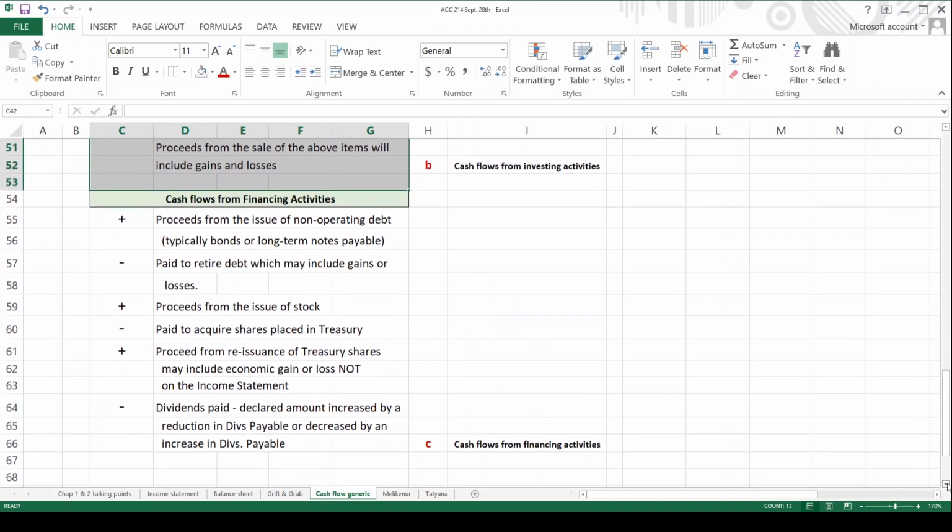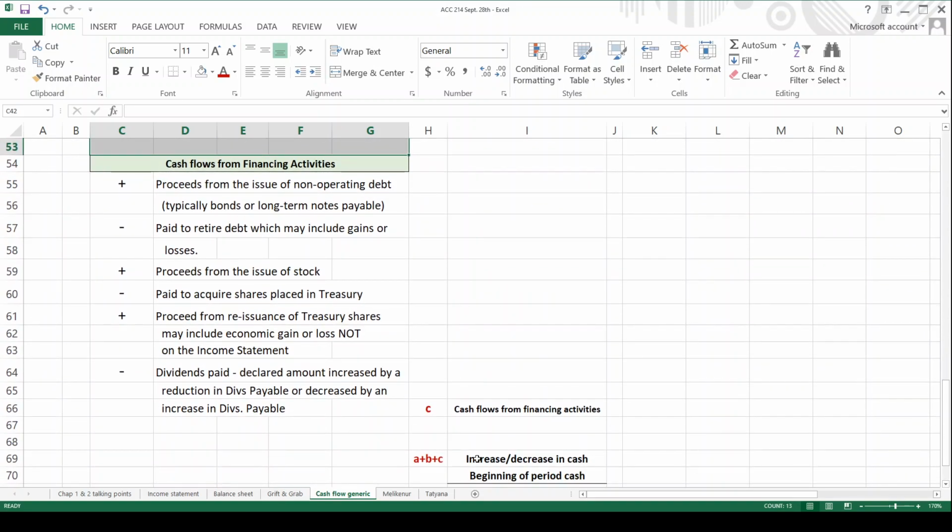The third category is financing, which primarily has to do with your long-term debt and stockholders' equity. So what could happen in here? Well, if you issued bonds or notes long-term, then you got incoming cash over here. If you retired bonds, you're going to have a gain or a loss. Most of the time it would be a loss.